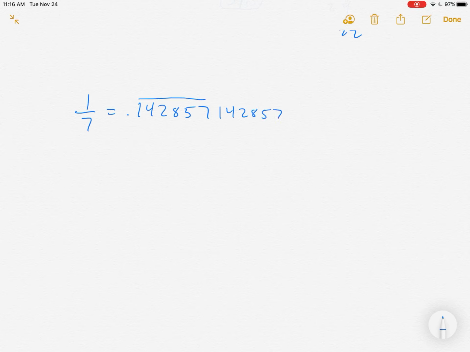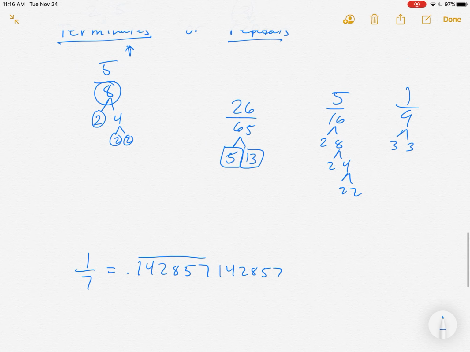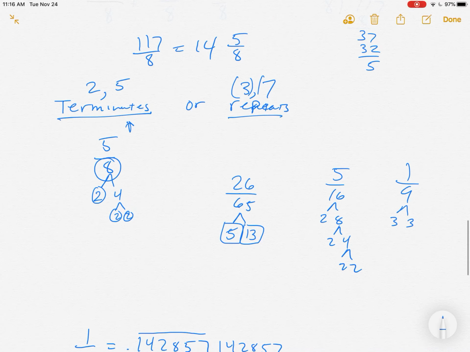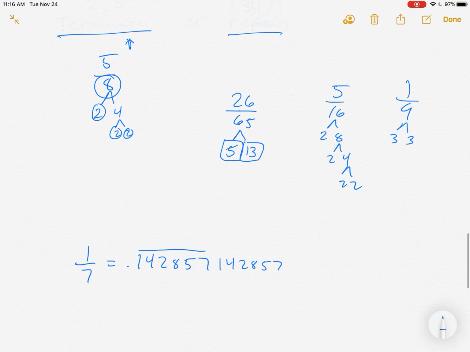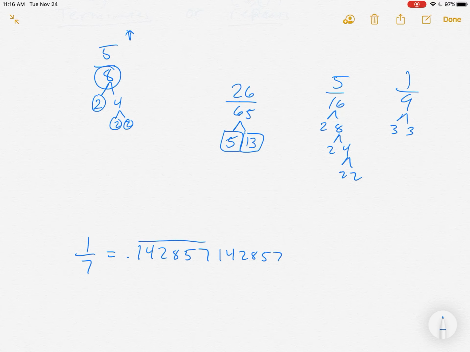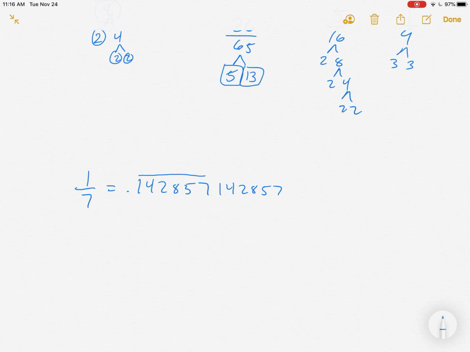It's repeating. So we just found out that a 7 repeats as well. That's the best way to see if something is repeating. If we looked at 1 divided by 13, it should terminate in there, and it does. So 1/7 goes on forever.